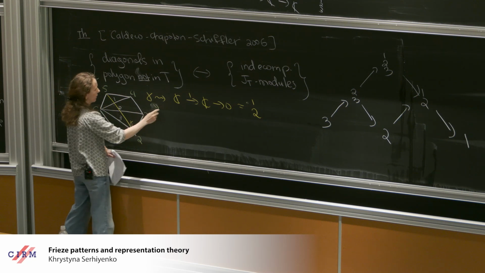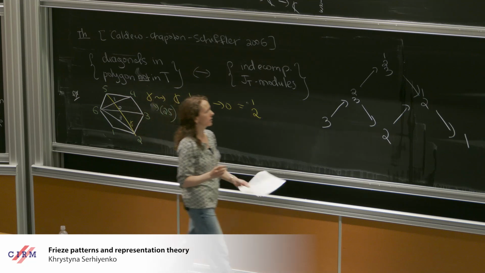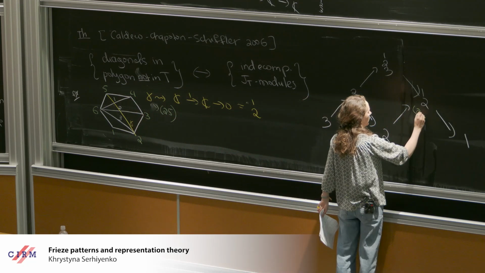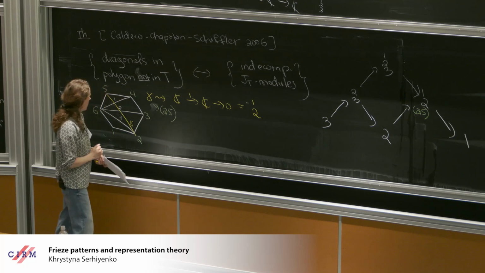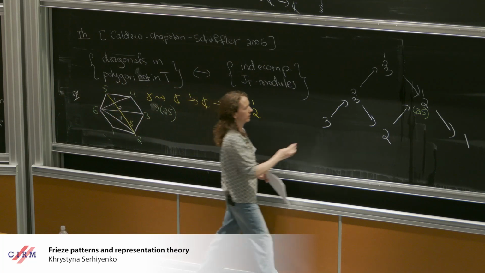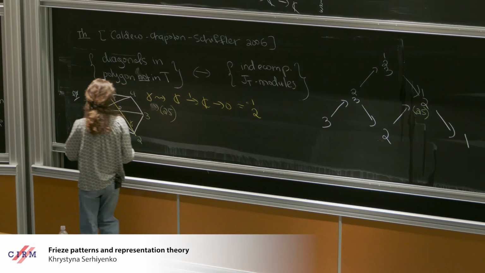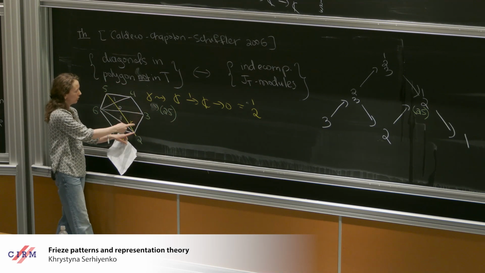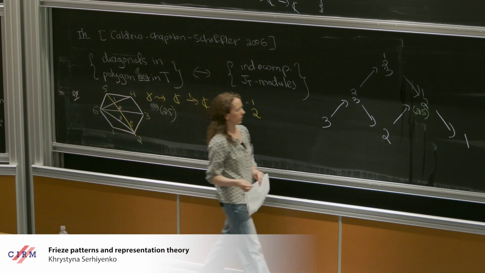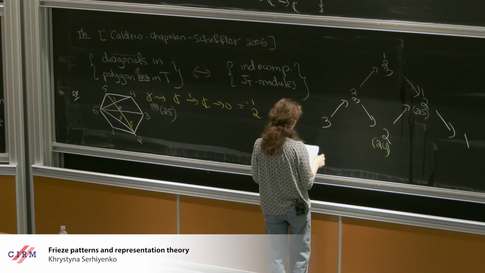Gamma corresponds to an arc with endpoints 2, 5. So where 1, 2 is, I'm going to write 2, 5. For example, if I want to know which arc corresponds to the representation 2, it's the arc which just crosses the arc 2. This is going to have endpoints 2 and 4. So here I'm going to put endpoints 2, 4, and so on.